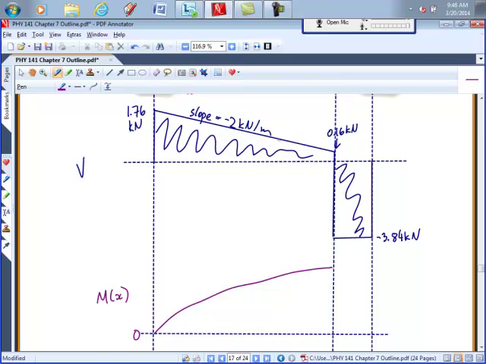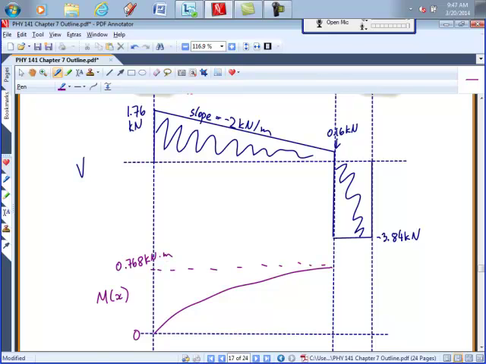So I could integrate it, but it's a pretty simple looking function. I don't think I need to use an integral to calculate the area. Right? It's just a trapezoid. So I take the average of these two heights, 1.76 plus 0.16 divided by 2, and multiplied by this width, which is 0.8 meters. 0.768. So this value here is 0.768, and that's going to be kilonewton meters.